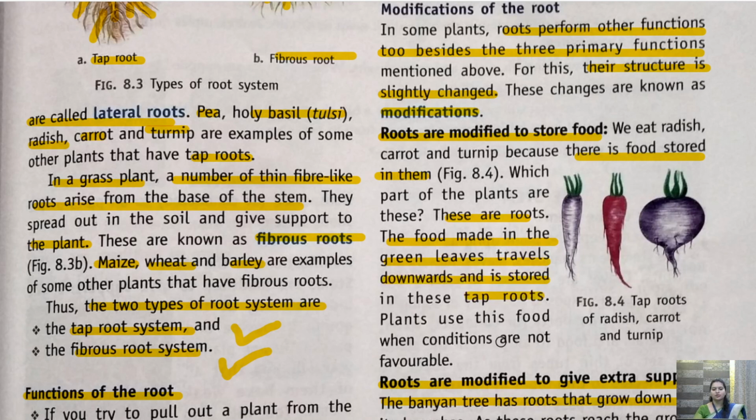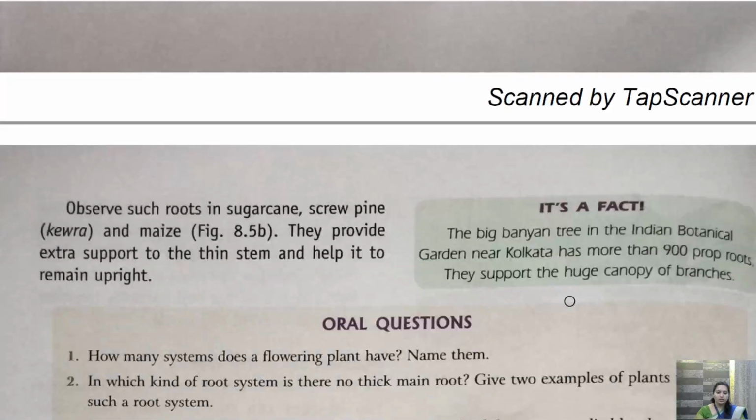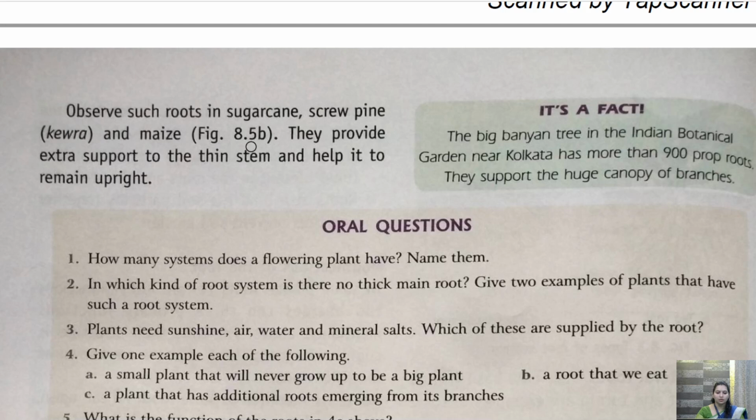Plants use this food when conditions are not favorable. So that was about the root. Few examples of prop roots are sugarcane, screw pine, and maize. So this was about the root.